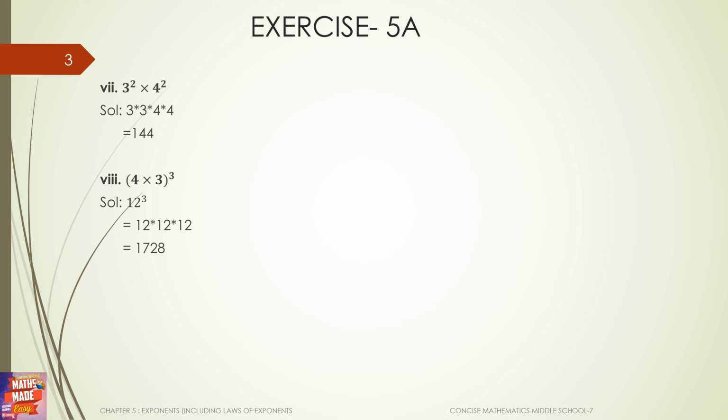This one you can do in another method also. That is 4 can be written 3 times because the power is 3, right? So 4 into 4 into 4. This is one more method, children. Similarly, even the 3 should be written 3 times.